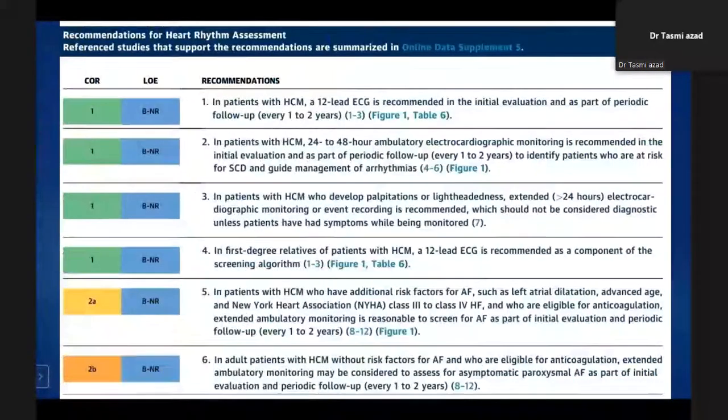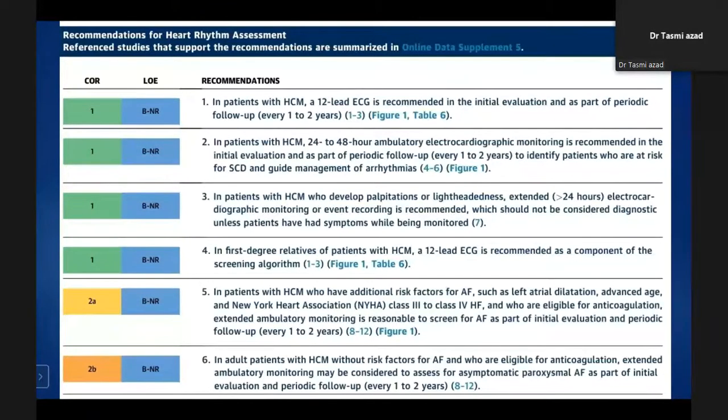This slide shows the heart rhythm assessment. In the first slide we already saw an algorithm for the patient's initial follow-up and diagnosis. They use ECG and recommend ECG and echocardiography in all patients, so they give class 1 indication to the ECG recommendation.